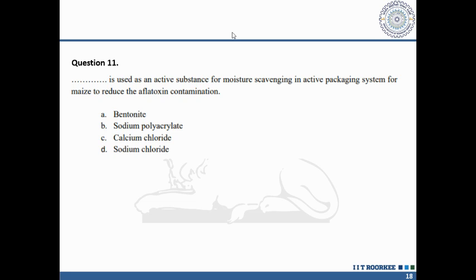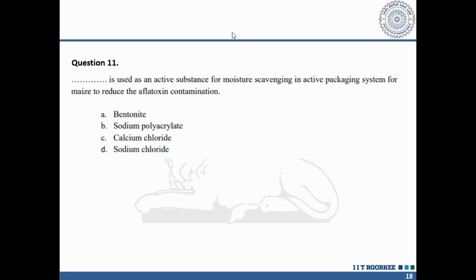It is not good for your product, it is not good for whatever commodity you have stored. So we incorporate this kind of scavenger in the packaging system, so it will absorb those excess components and give a better shelf life.